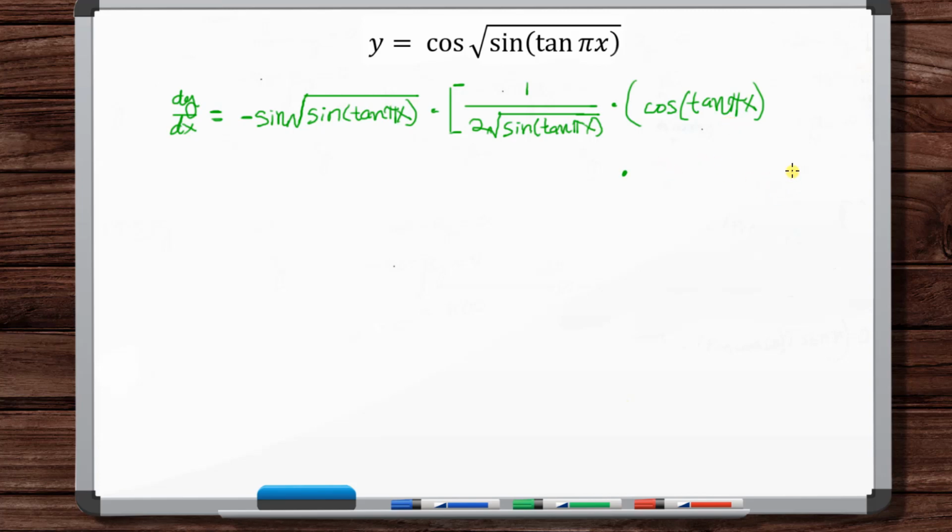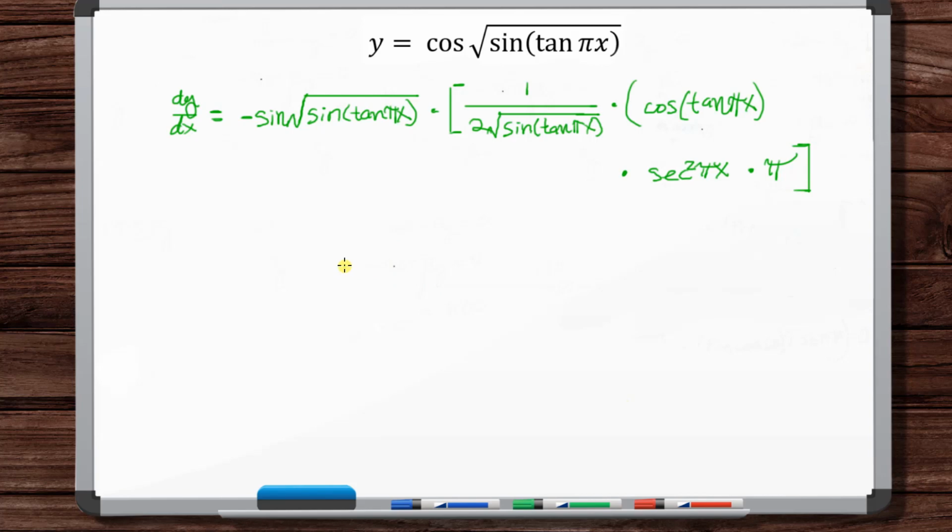That's secant squared of x. So the derivative of the tangent of something is just secant squared of that something. Now again, they're really testing you here. Times the derivative of that something. The derivative of pi times x with respect to x is pi. Okay, and that's your derivative.